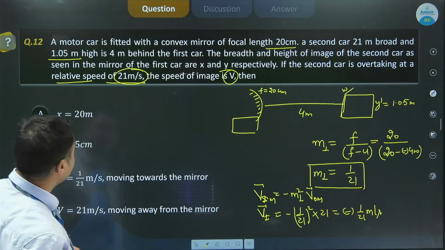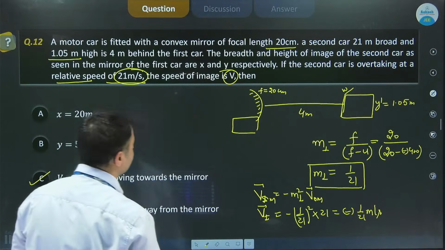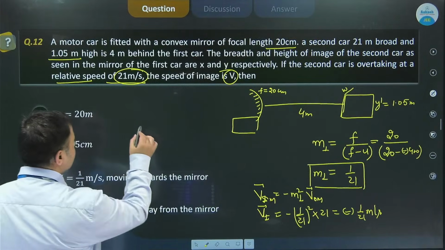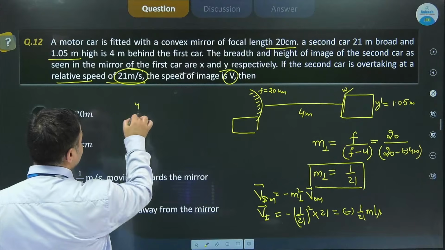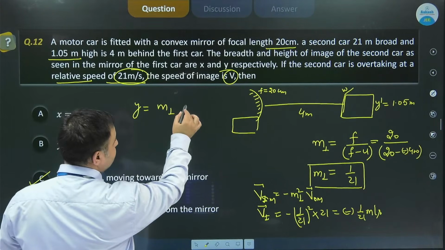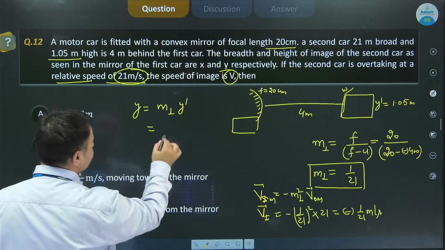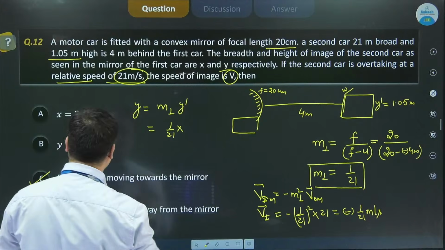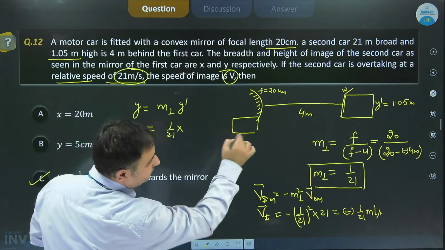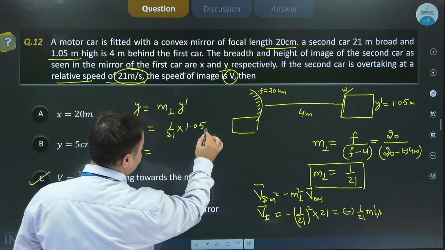Now for the width and height of the image, we use the magnification formula. The height of the image y is m perpendicular times the height of the object, and the height of the object is y dash. So m perpendicular is 1 by 21 multiplied by y dash, and y dash is given as 1.05 meter.